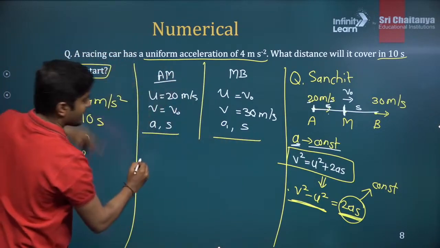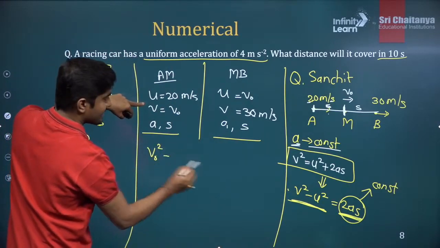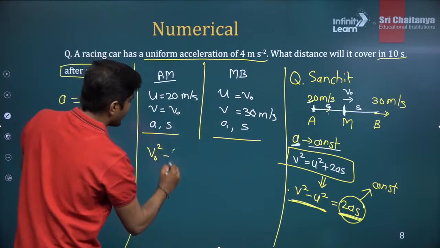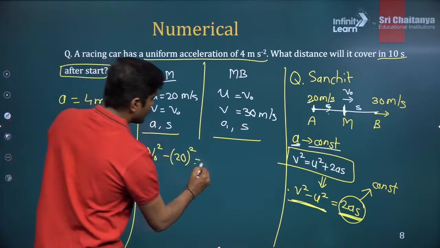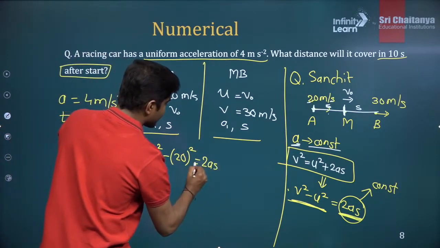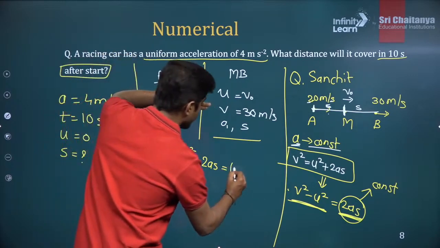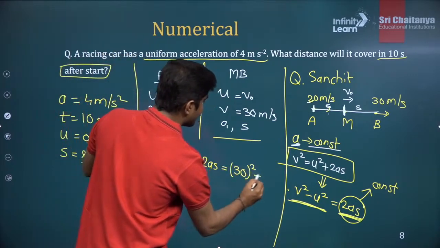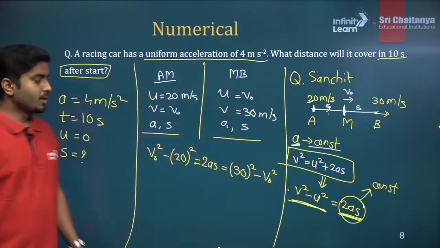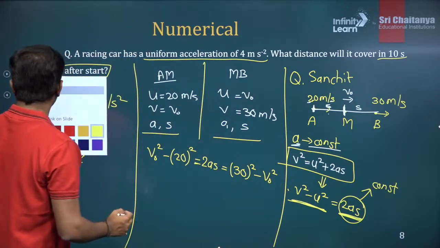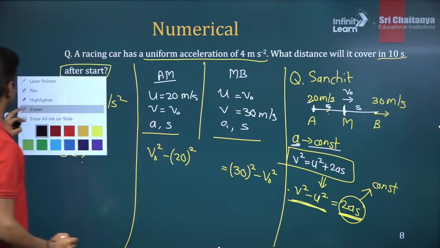For the A to M part, the final velocity is v0 square minus the initial velocity 20 square, which should be equal to 2 times a s, and this should be equal to the final velocity here, 30 square minus the initial velocity v0 square. Now you can remove the middle term and equate these two.